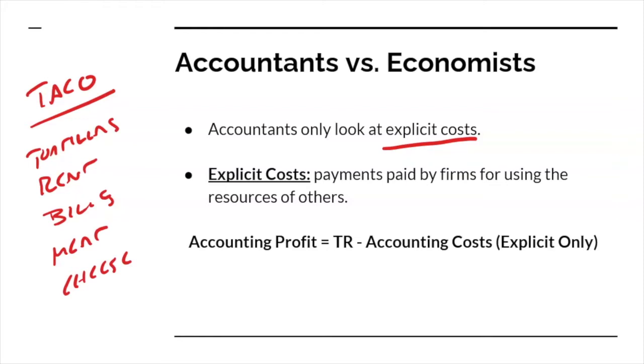So explicit costs, like I said, are just the normal costs that you associate with doing business, the cost of all these different resources. To figure out our accounting profit, it's just TR, which stands for total revenue, minus the accounting costs, which are basically just explicit costs. So accounting profit equals total revenue minus our accounting costs.